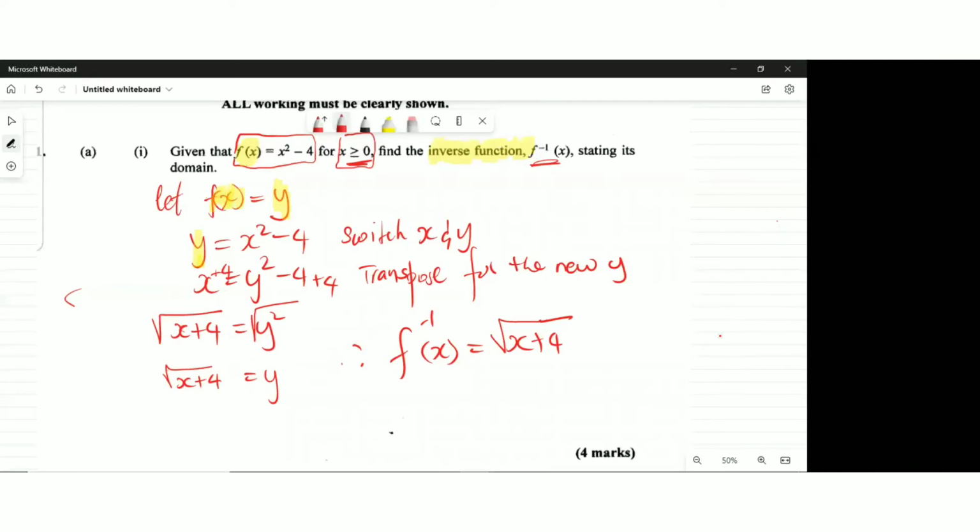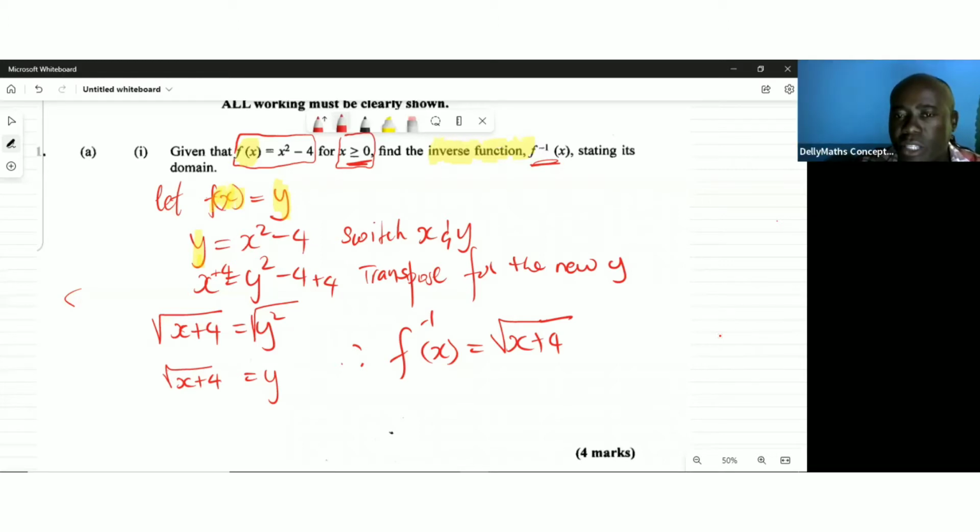Yes, because you could see now I have x plus 4. If I have negative 4 right here, then I get a 0. All right. So negative 4, I get a 0.